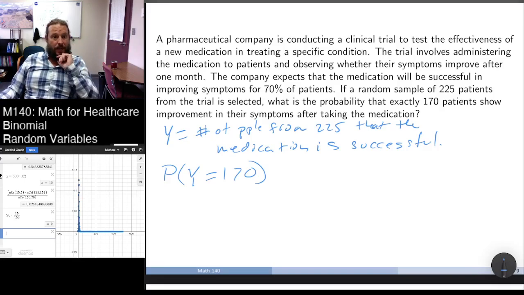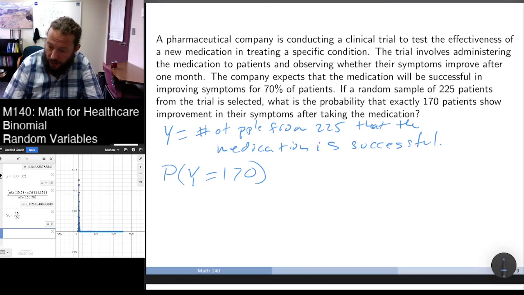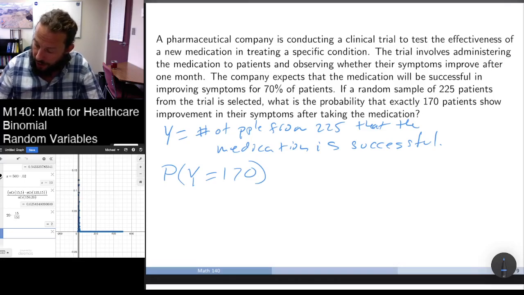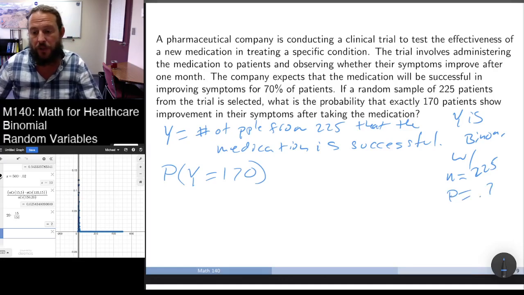This is saying 70% for all the patients, so it's not changing depending on the patient. So yes, Y is binomial with n equal to 225 and p equal to 0.7, or 70%.